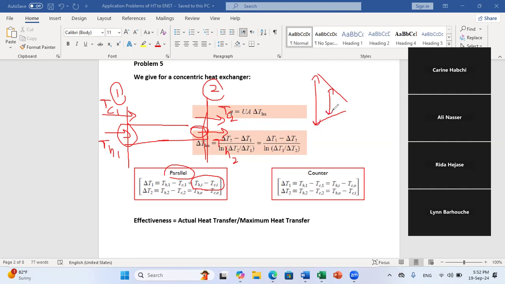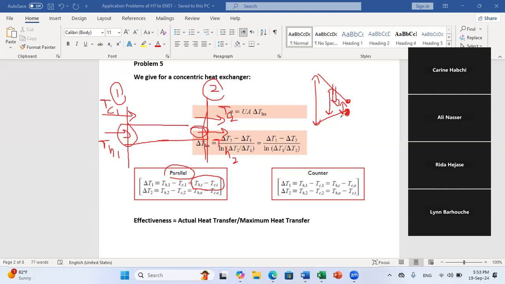And it's impossible to have the temperature at the outlet of the cold fluid larger than the temperature at the outlet of the hot fluid, because you always have this heat transfer in this direction. The temperature of hot will always be larger than the temperature of cold.